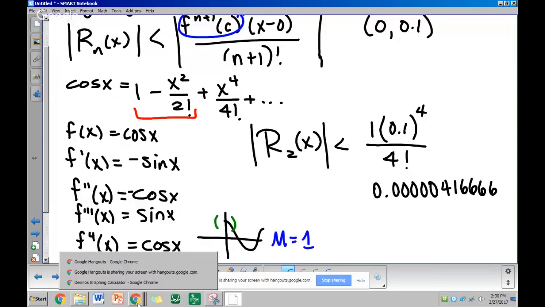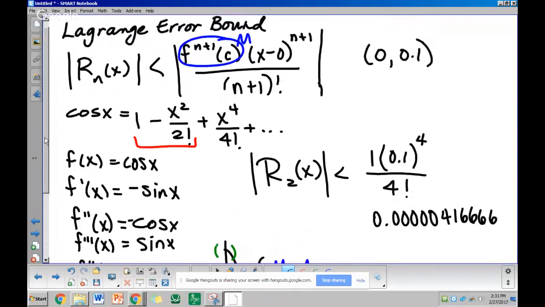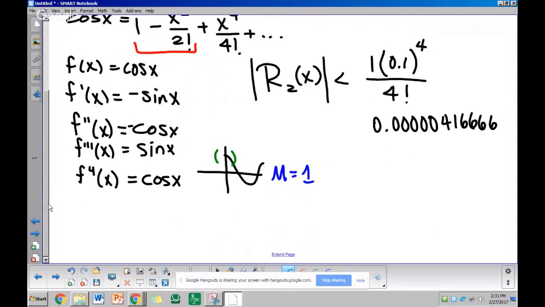So what did we do to get that error? We looked at the n+1 derivative that we used, which was the fourth. I took the first, second, third, fourth derivative. I figured out what that function was, what the maximum could be between 0 and 0.1, and it turns out the highest value is 1.